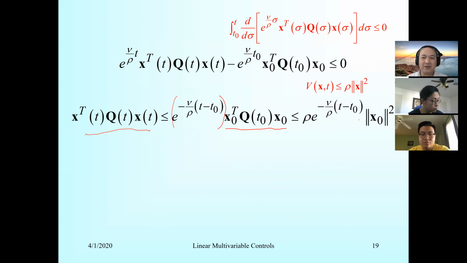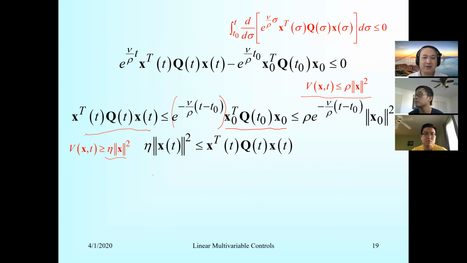So then we can say V(x(t)) is bounded by rho times x squared. This is assumed. But it's also lower bounded by eta times x squared. So in the end, I'm writing the left-hand side as eta times x squared, because this is greater than that.